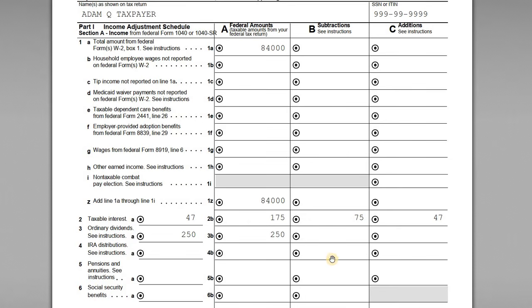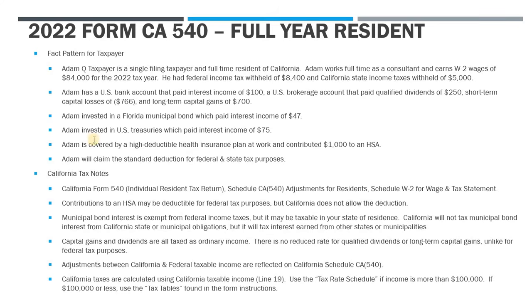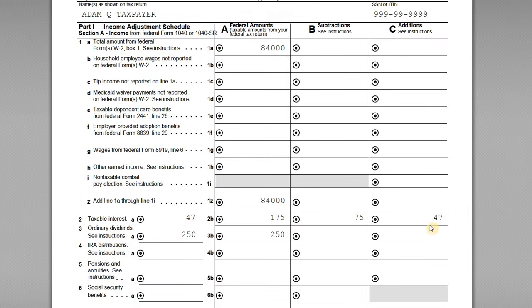So the Treasury interest income, again, is taxable at the federal level, but it's not taxable for California or other state tax purposes. So we have a subtraction for $75, right? $75 is the amount of interest income invested in the treasuries. And then we have an addition for $47, which is the municipal bond interest coming from Florida.